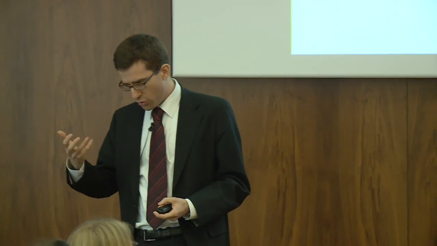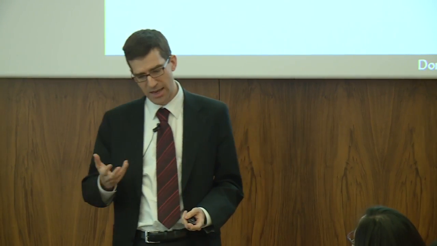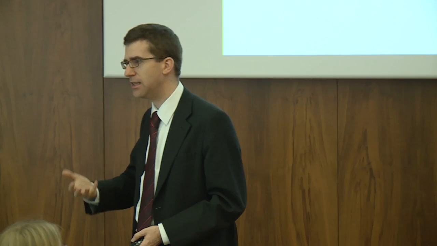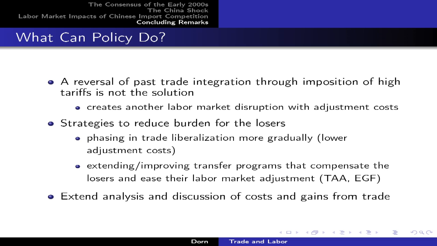In addition to perhaps trying to allow for more gradual transitions in patterns of international trade, there is of course also a sense that one might seek to compensate better those people who are the losers from trade integration.